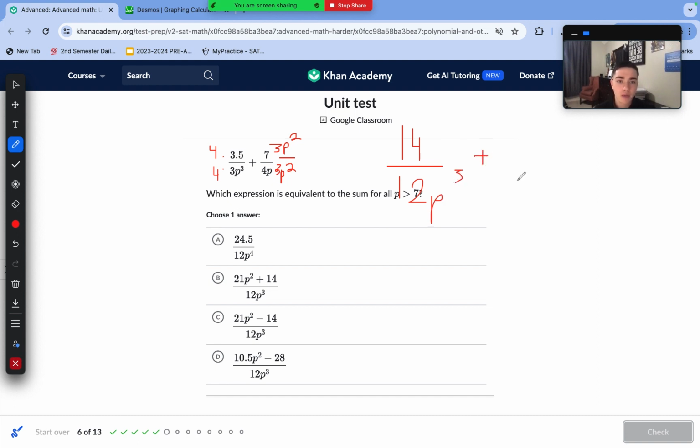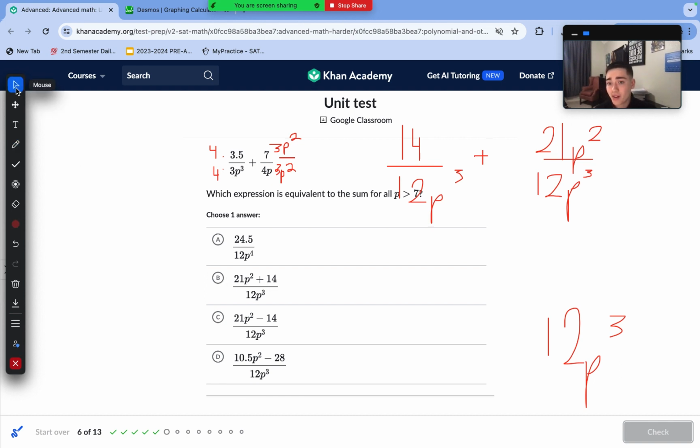And then we are adding this with 12p to the third in our denominator here. And then in our numerator, we have 21p squared. Now remember, when we add, we keep the denominators the same as 12p to the third, and then we add our numerators. Here, there are no negatives.